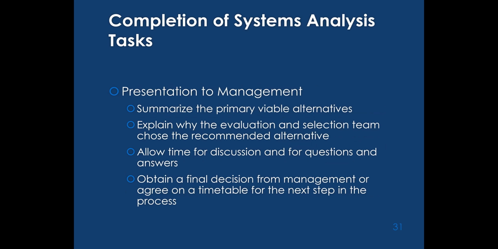When we calculated the financial information, alternative number 4 is the most viable alternative, and then you explain why the evaluation and selection team chose the recommended alternative. After that you allow time for discussion and for questions and answers, or Q&A.